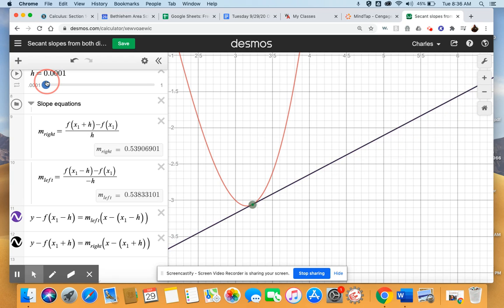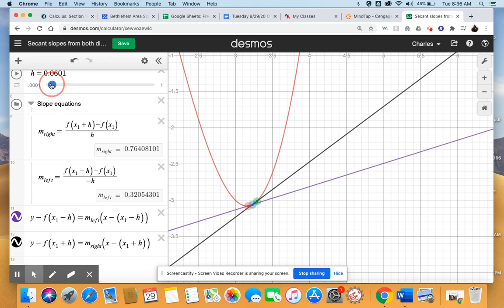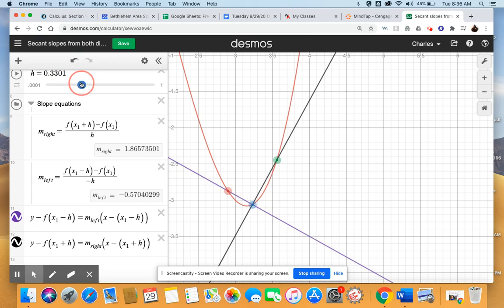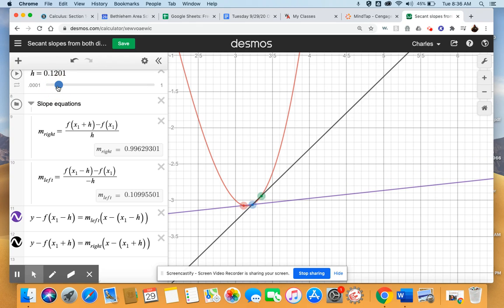Eventually, they're going to overlap each other, because we hit the point where our slope is practically identical, and our points are practically identical. So what we're doing here is using the limit concept that we learned in chapter 1. We're using that concept to predict the slope of a curved line at a single point, which is something we could not do with algebra.